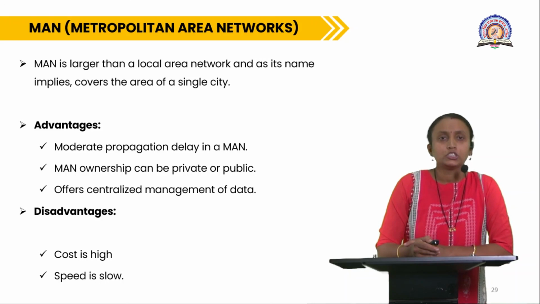The ownership can be private or public depending on the type of network, and it offers centralized management of data. Disadvantage: the cost is high since the area is increased, and the speed is lower.